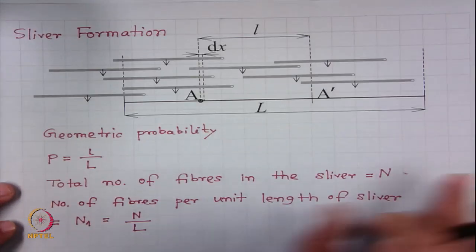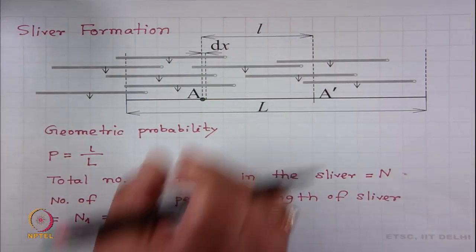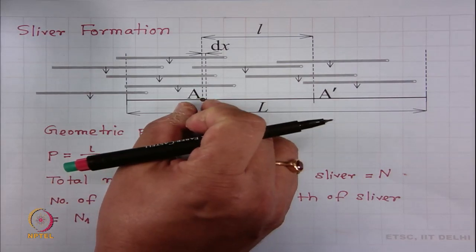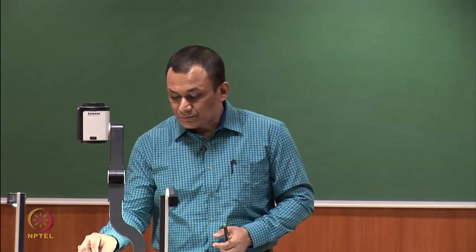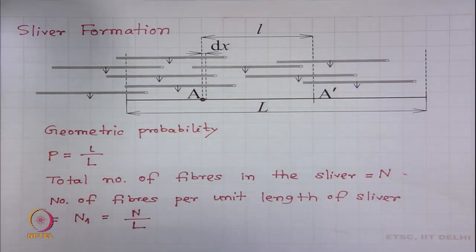Now, we will consider a very short length in a sliver. Say we come back to our sliver formation diagram. Here you see a small length dx. So, what is the mass of sliver in this small length dx? The mass will be obviously very small because the length is very small.